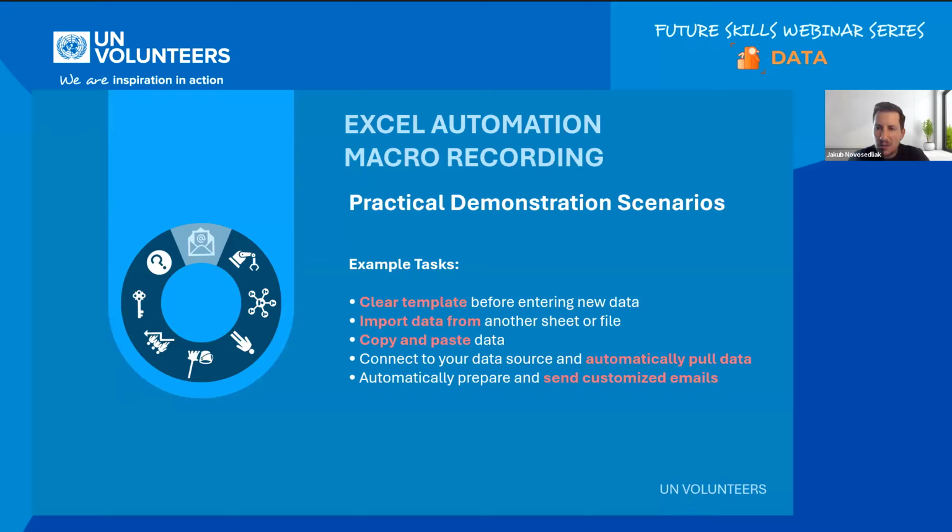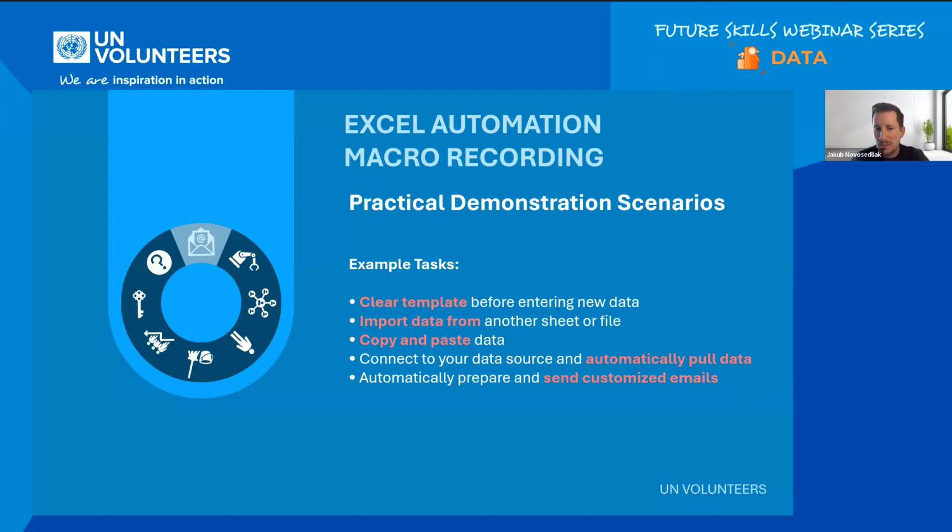And the last one, you can also create a template, and with one click, you can send emails, as an example, to 500 different recipients with customized email. So every recipient will receive the email with different content.